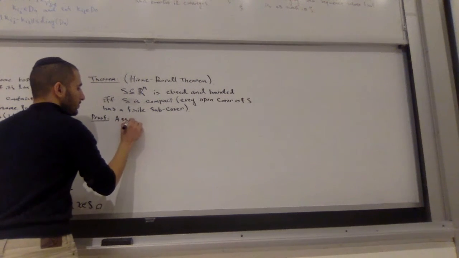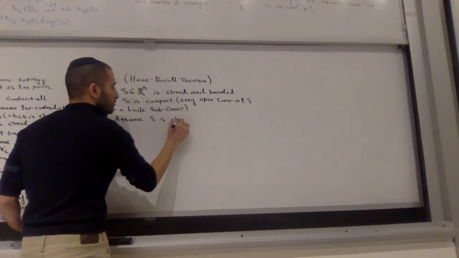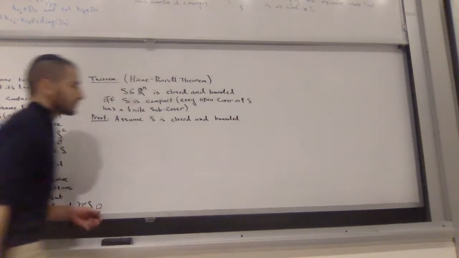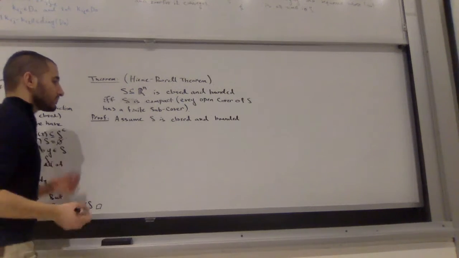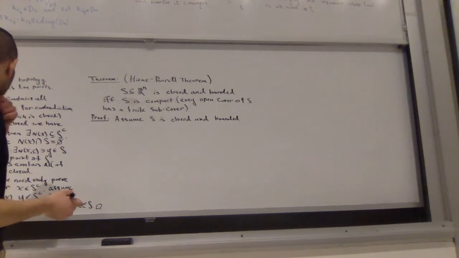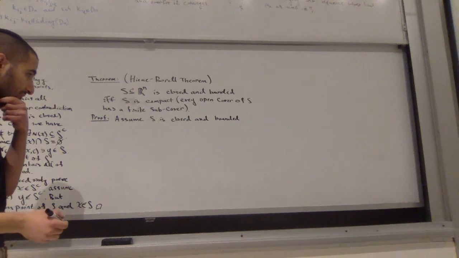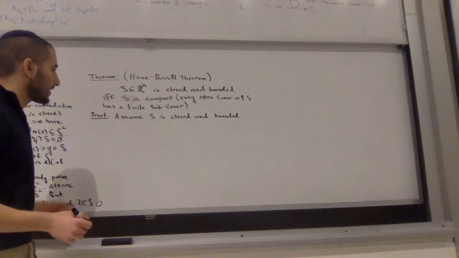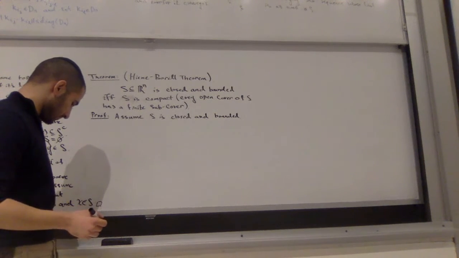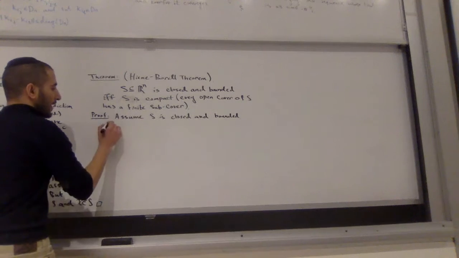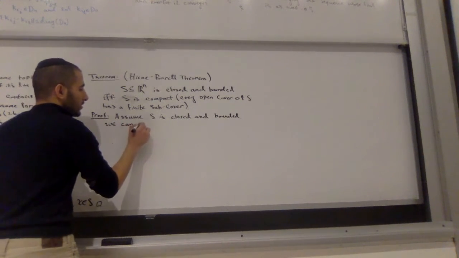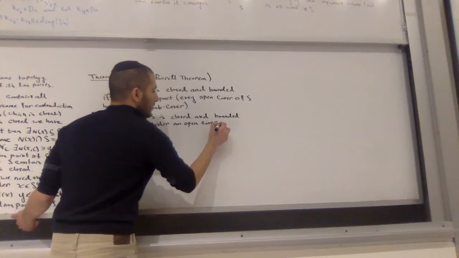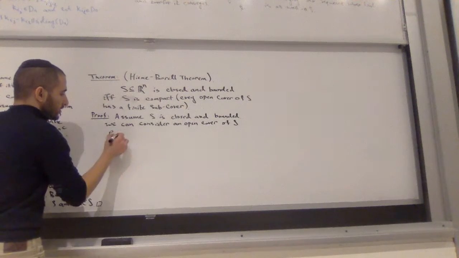Assume S is closed and bounded. Well, if it's closed and bounded, then we can consider an open cover of S. We can call that cover C. And what is C?